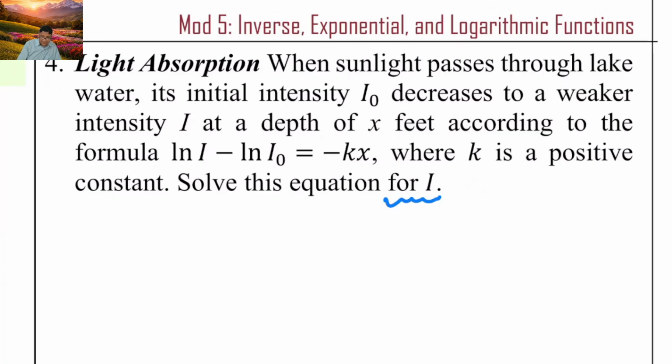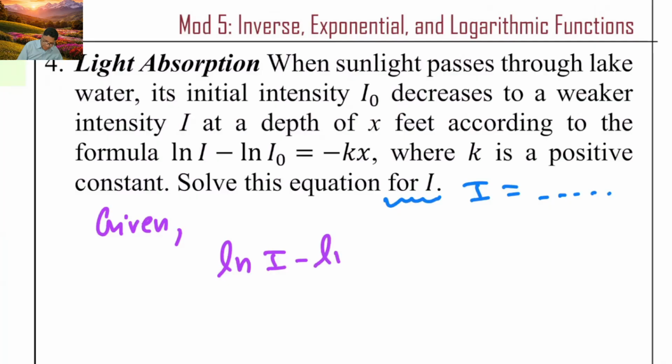Which means you need to express I equal to something, I in terms of every other quantity in that equation. Solving for I. Okay, let's begin. I will say given ln I minus ln I naught equals negative kx.